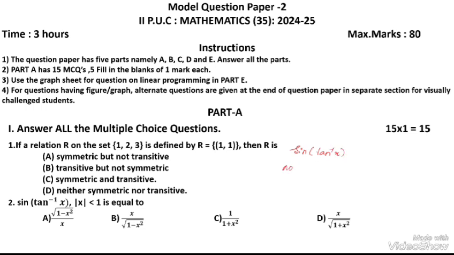Now I take tan inverse of x equals theta. Then it becomes sine theta. Taking the tan function on the right side, it becomes tan theta equals x.